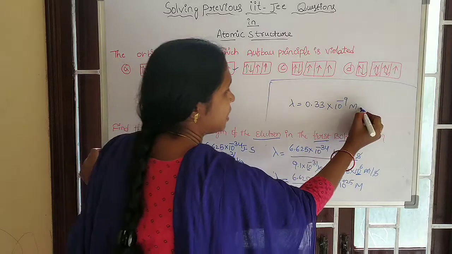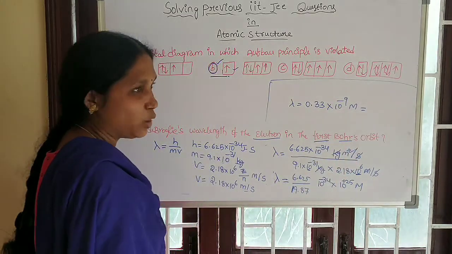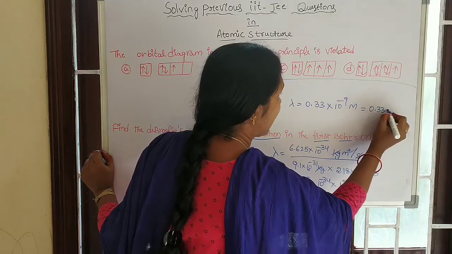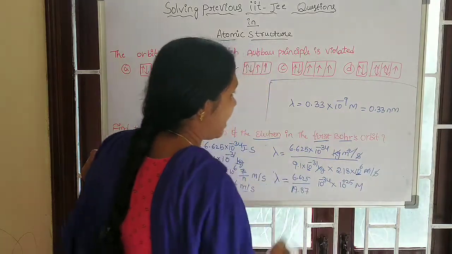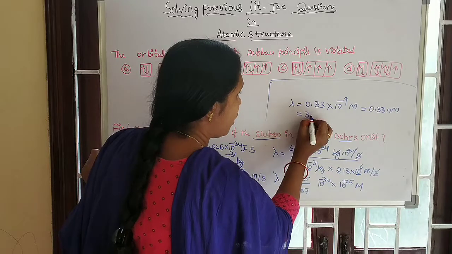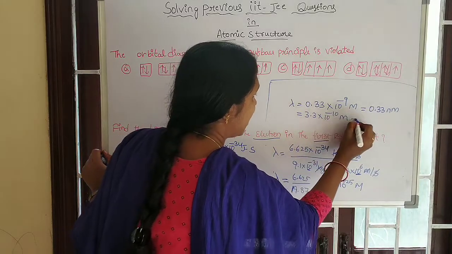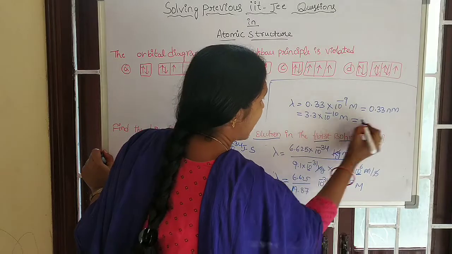10 power minus 9 meter means we will write 1 nanometer. So lambda is equal to 0.33 nanometer, or otherwise we will write 3.3 into 10 power minus 10 meters, which is equal to 3.3 angstroms, because 10 power minus 10 meters is equal to 1 angstrom.